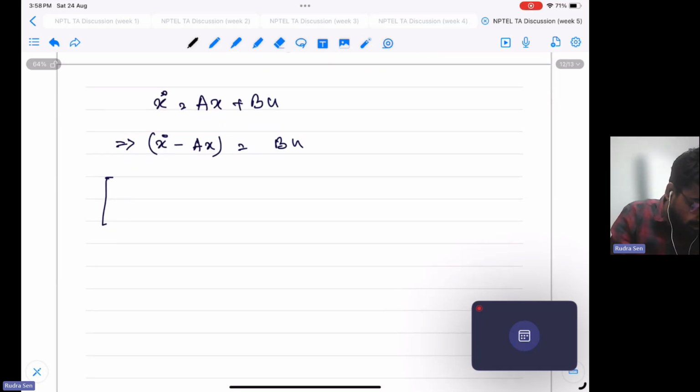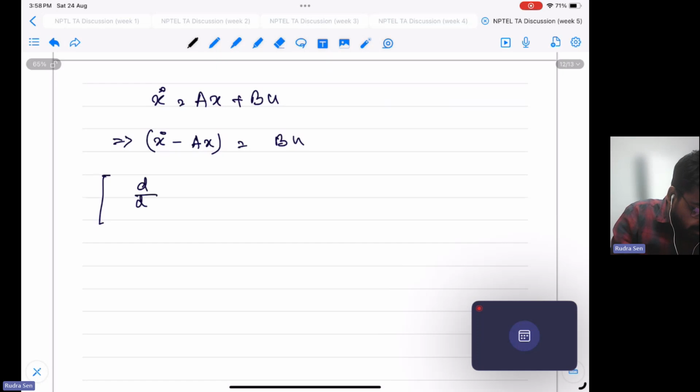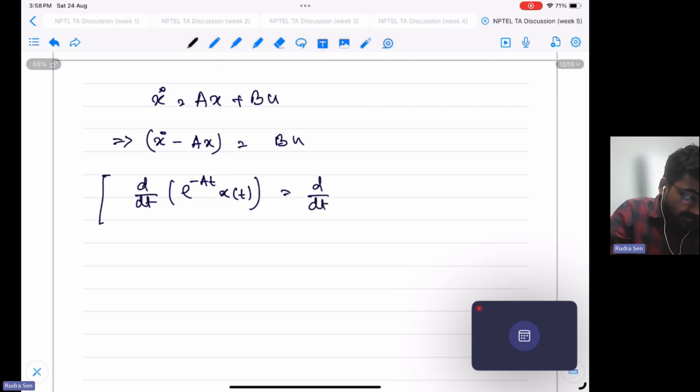So definitely, if we differentiate e to the power minus At times x of t, what we get is d/dt of e to the power minus At into x. I'm just skipping the t term.